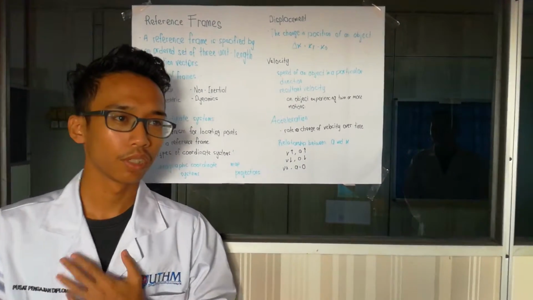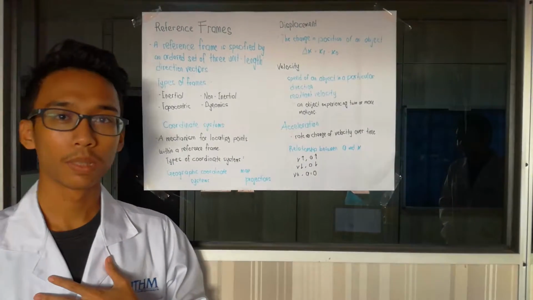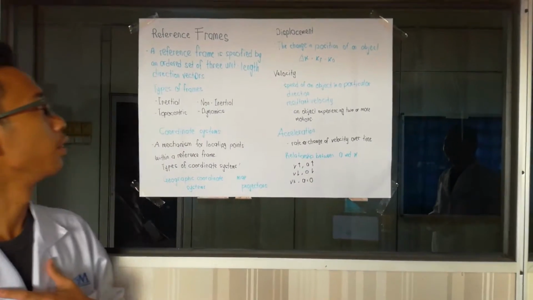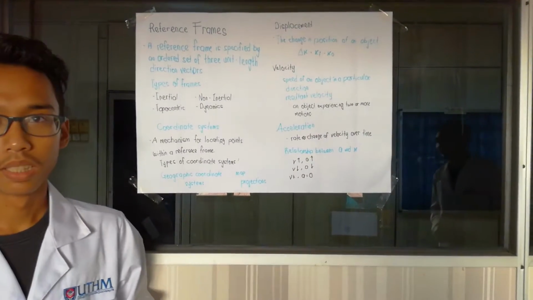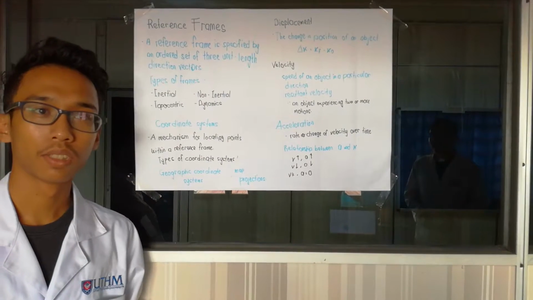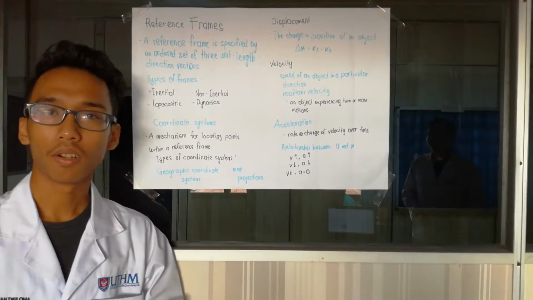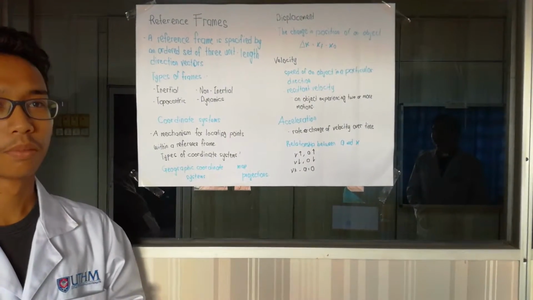So before we continue to our presentation, let me introduce you to the basics of kinematics and dynamics, which is reference frames and coordinate systems. A reference frame is a framework that is used by all physicists to estimate the moving object.